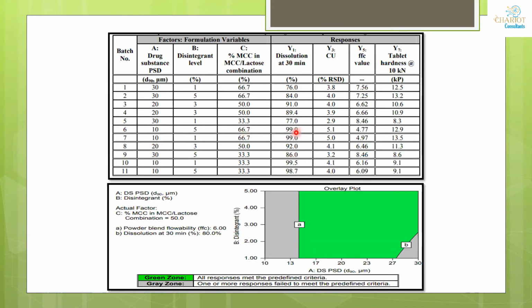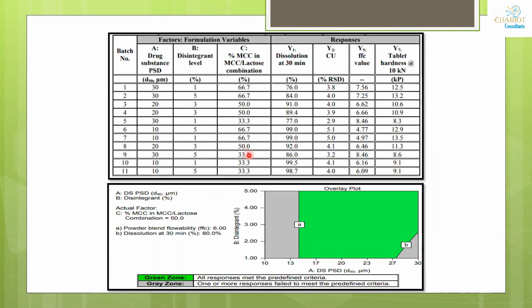That is why your dissolution was high. Similarly, here the particle size is very small, and although the disintegration time is less, since you are using soluble fillers, you are having a dissolution on the higher side. Okay. So this is what.